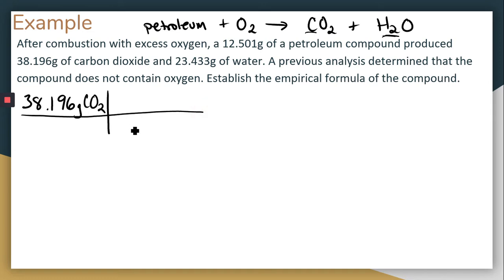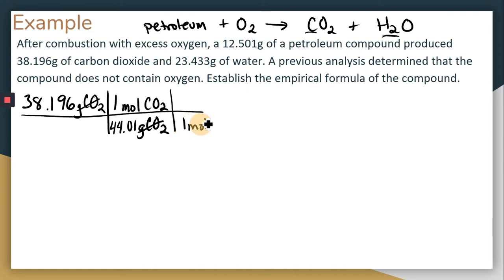So we bring down our units, grams of carbon dioxide. We are going to go to moles of carbon dioxide. So the molar mass of carbon dioxide is 44.01, and that's for 1 mole. So grams of carbon dioxide cancel. Then we need to set up a mole ratio, because remember, it's not moles of carbon dioxide that we want, it's the moles of carbon.